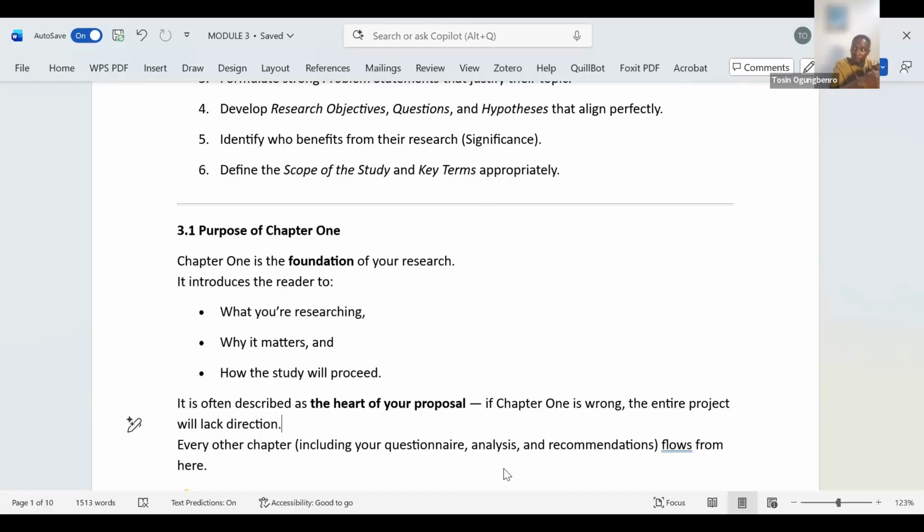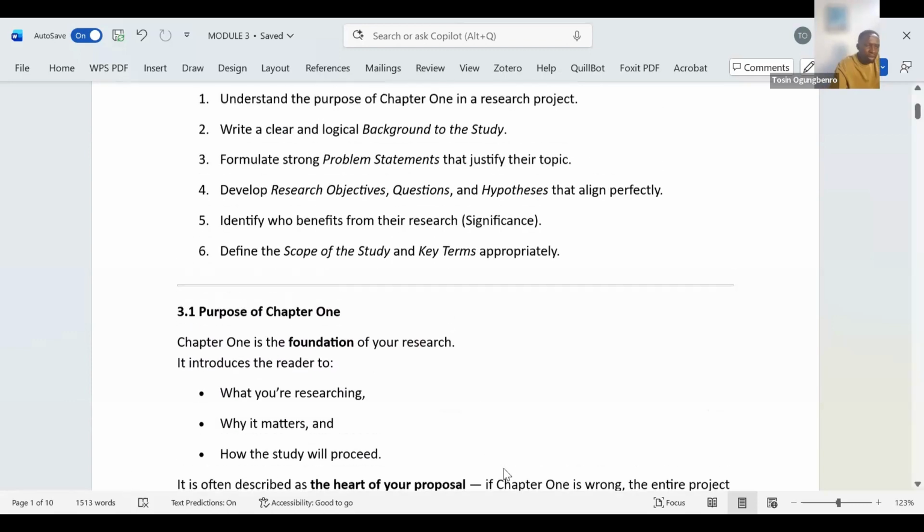Your research instruments will reflect your objective. Even if you are using secondary data, it will reflect your objective, because the kind of data you look for is based on the objective you develop. So your chapter one is very, very important.